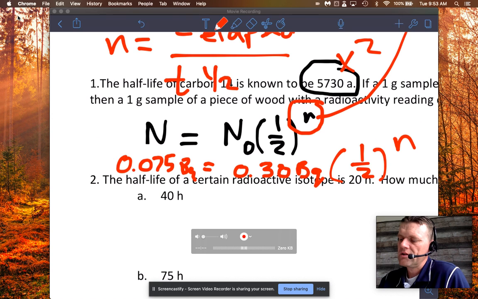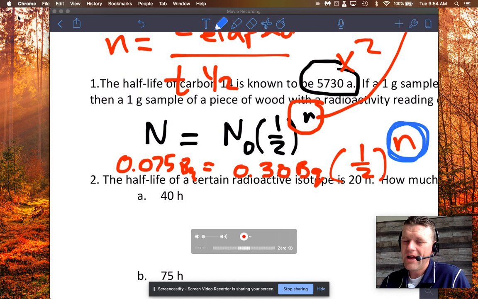I'd encourage you to be comfortable using logarithms, because sometimes you're going to get a question where it doesn't come out to a nice, clean, whole number of half-lives, where this little n does not equal a whole number. In fact, most of the time it doesn't, but for most of our questions, it is a whole number, but on occasion, it's not.